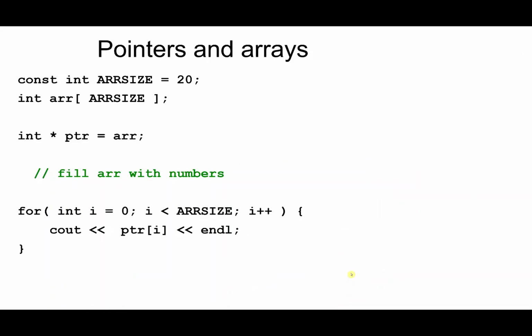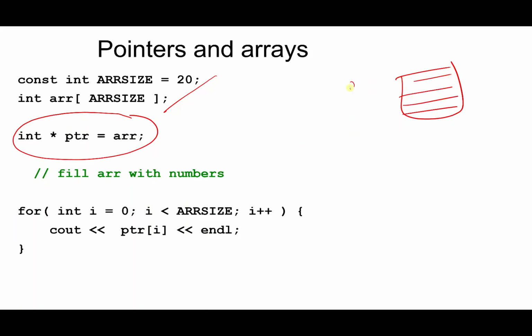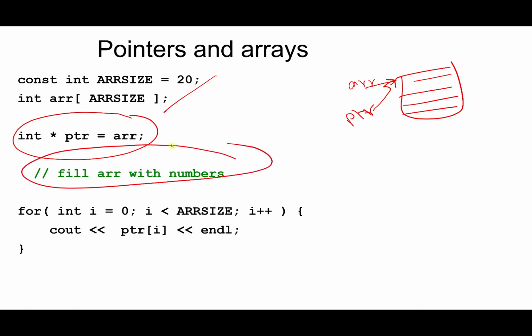Okay, so assuming that we have this example, same example, and we have a pointer that points to array, something like this again. Here is array, and I created ptr that points to the same location, the first location in here. Now, assuming that we filled the array, I can then use ptr the way I used array before.